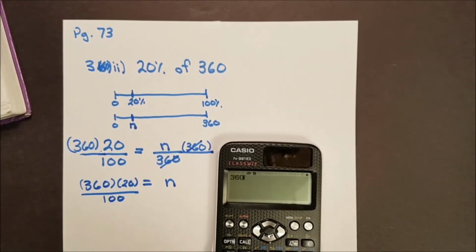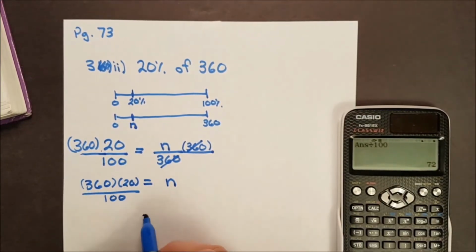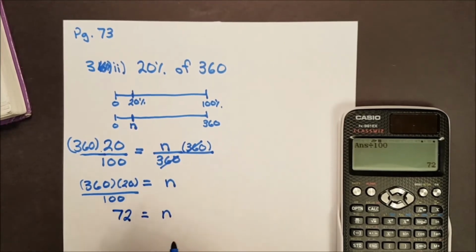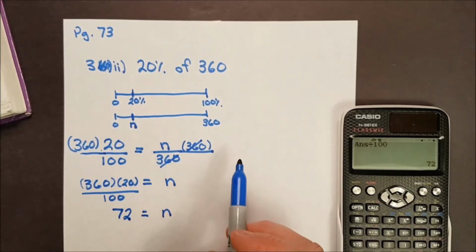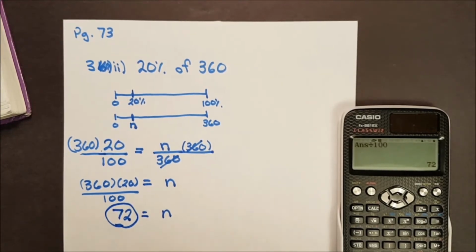I think it's 72, but let's check. 360 times 20 equals, divided by 100 equals 72. So when you crunch the numbers on this side, n equals 72. So then maybe we can write a statement. Therefore, 20% of 360 is 72, which is our answer right here.